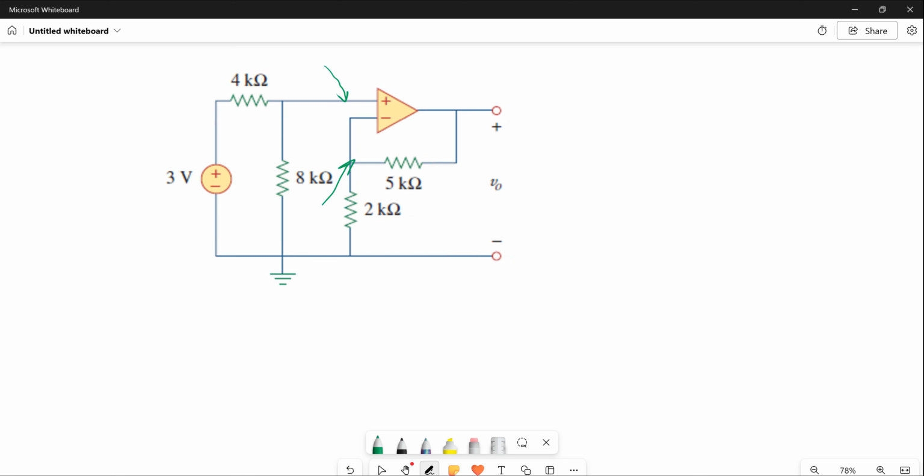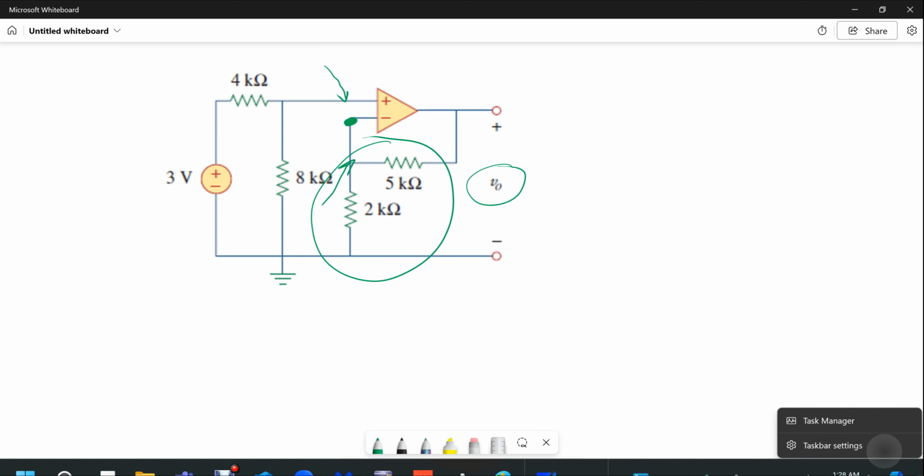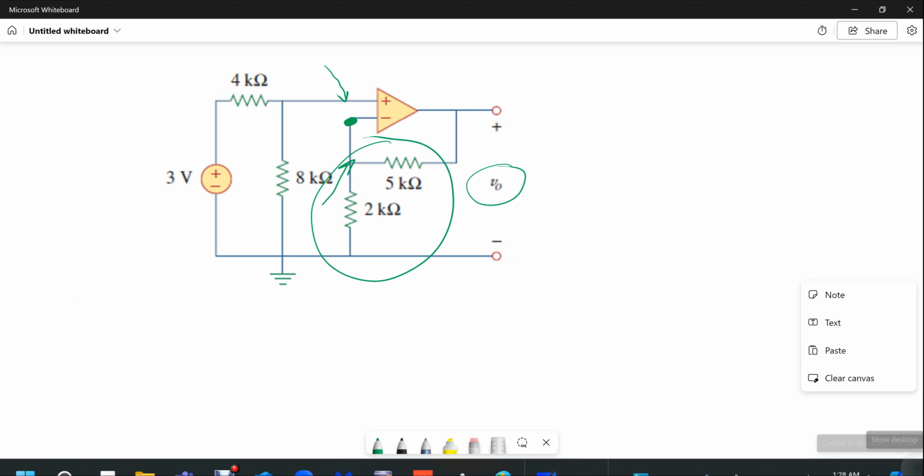Well, you don't know the voltage down at that point because V out is the unknown, and you can't use a voltage divider to find the voltage at that point using V out. You can say the voltage at the V minus input is V out times 2K divided by 7K. That's a valid calculation, but it doesn't help you because you don't know V out.